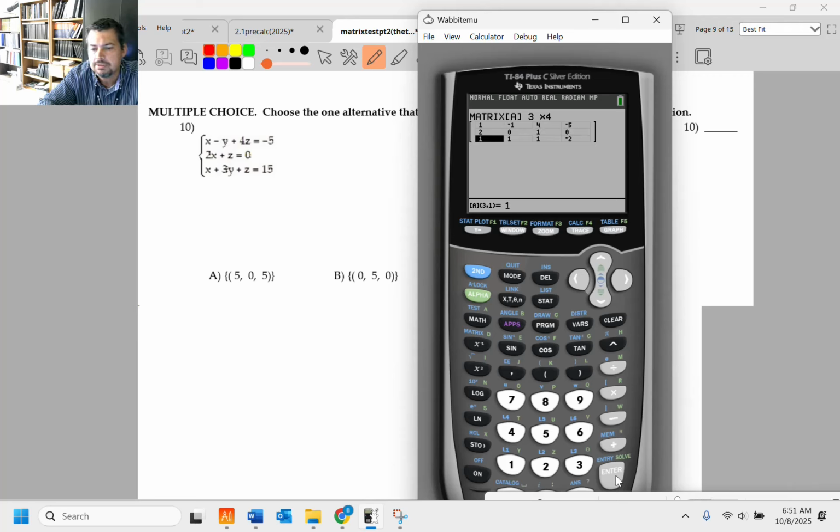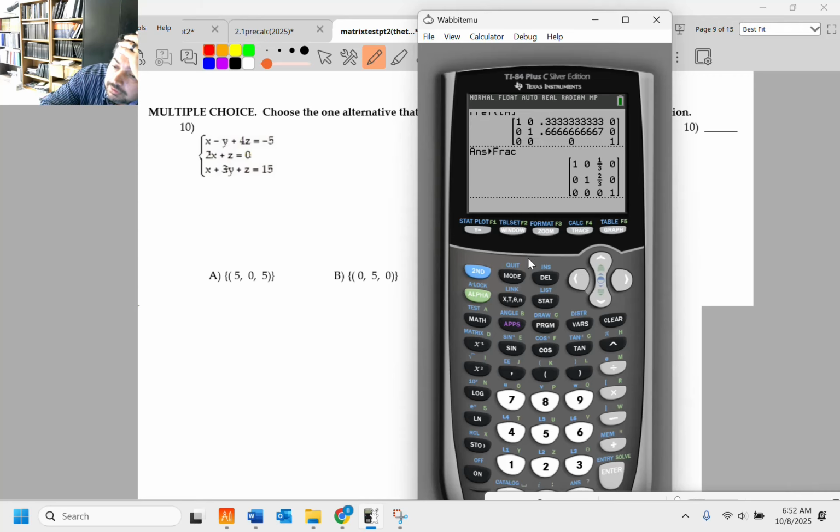You got to pay attention to those placeholders. 1, 3, 1, 15. Anywho, we're going to double REF that thing. Yeah, and there she is.